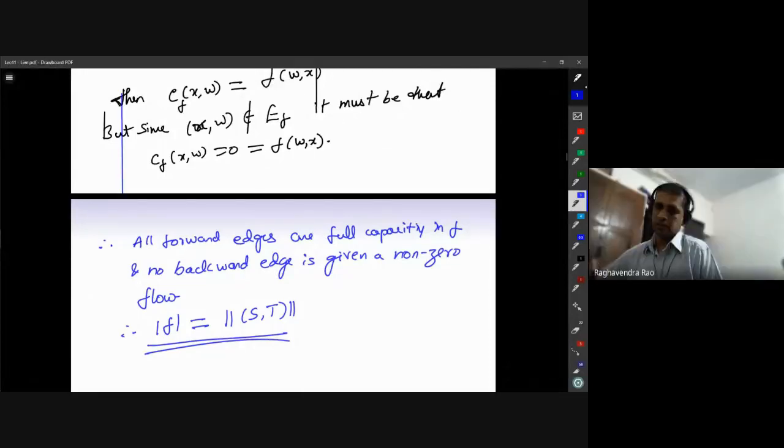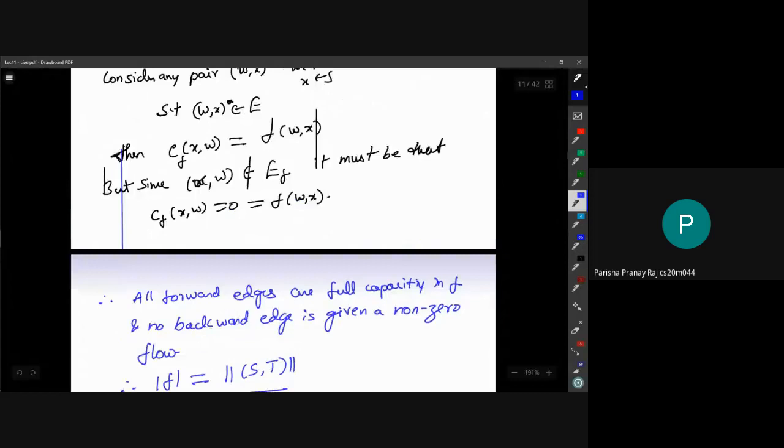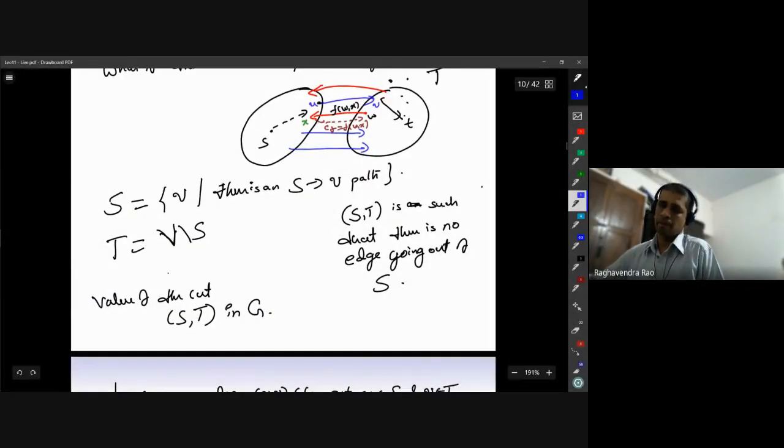Yes, sir, can we go over this part? I'm not clear on why no backward edge is given a non-zero flow. See, this red edge is a backward edge in the original graph. Now when you define GF, the residual flow value is equal to the value of the flow on this edge.